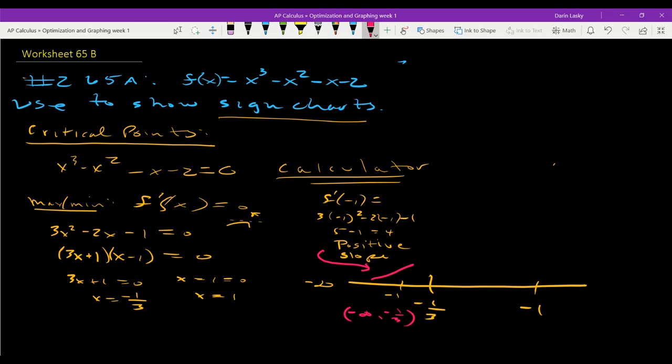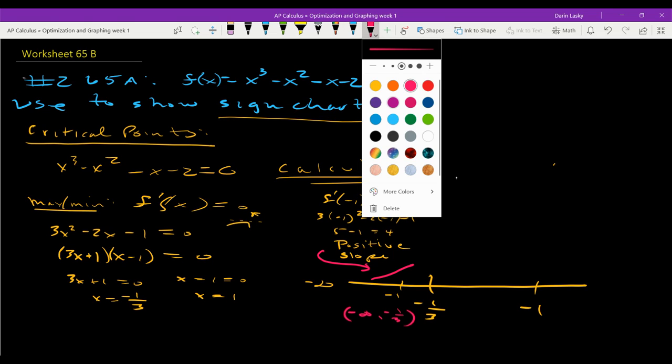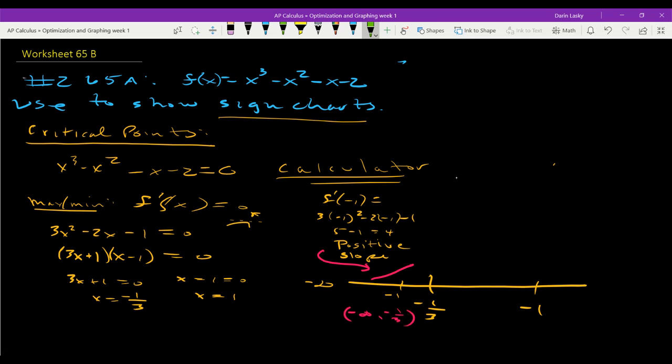So now I'm going to go over here. Let's pick a different color, and let's choose green this time. So I'm going to pick a number that's really easy between these two. I'm going to pick 0 because that's super easy. So we're going to do the same thing. f prime of 0 is going to be 0 minus 1. So that's going to be negative 1.